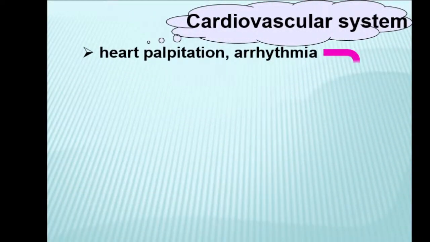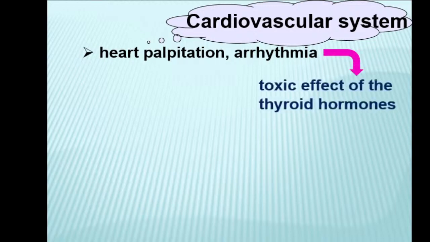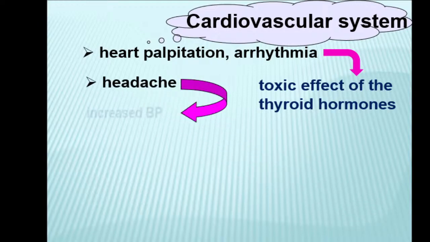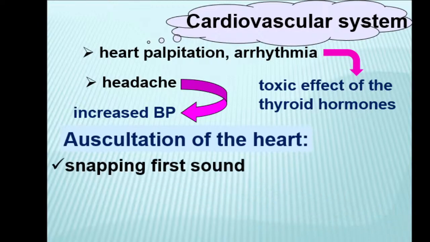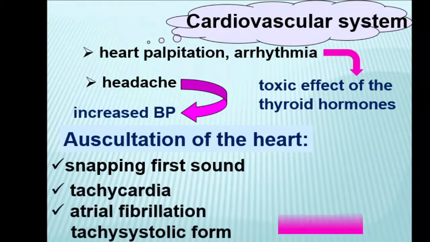Cardiovascular system problem starts from subjective discomfort. Patient feels palpitation, sometimes arrhythmia, due to toxic effect of the thyroid hormones. Patient can complain of headache because of increased blood pressure. He goes to the doctor and on auscultation will reveal snapping first sound because of increased contractive activity of the heart, increased muscular component.